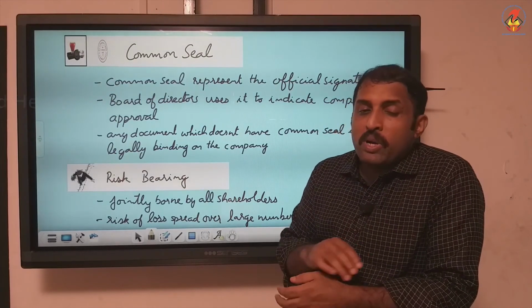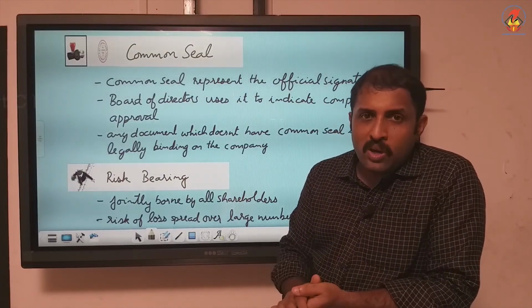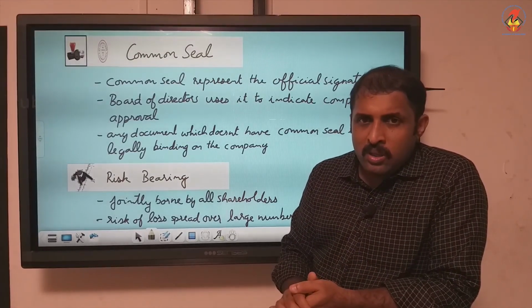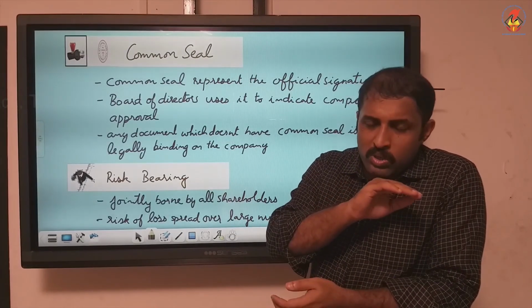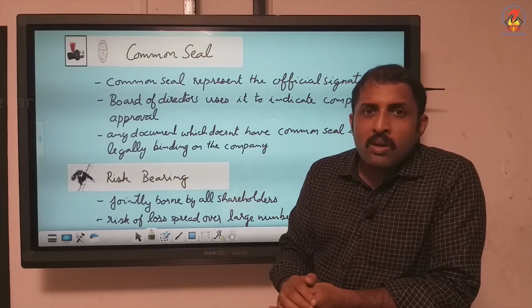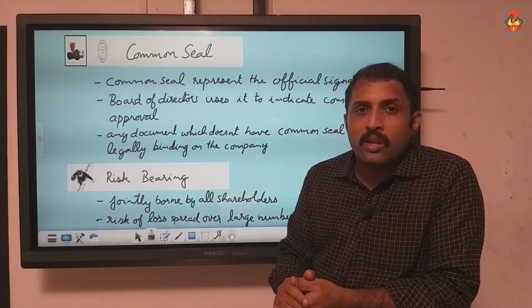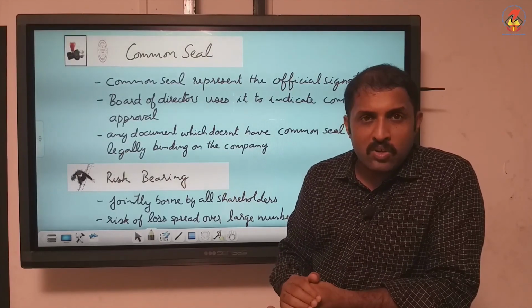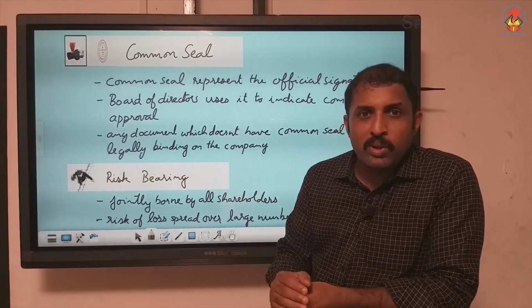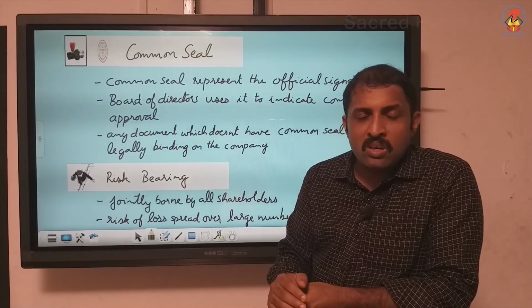It is spread over a large number of shareholders who have purchased the shares. So risk is borne by all the shareholders together. So we were talking about the form of business organization, the joint stock company, and we were seeing its features.